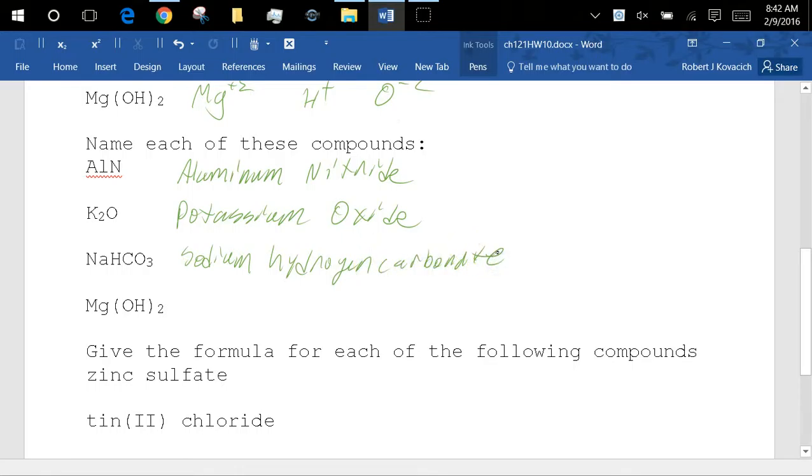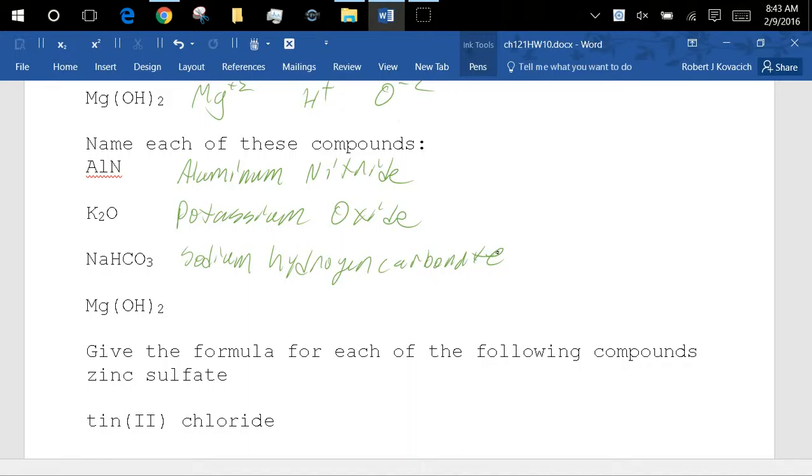The other name for this, just in case you come across it, sodium bicarbonate. The old nomenclature for hydrogen attached to a polyatomic ion was the prefix bi. And then the super common name for this? Goes in bread. Baking soda.